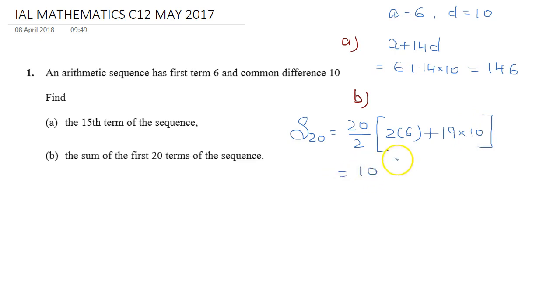So that is 10 times 12 plus 190. 190 plus 12 is 202, multiply by 10 is 2020.